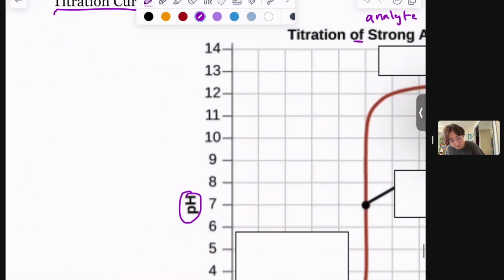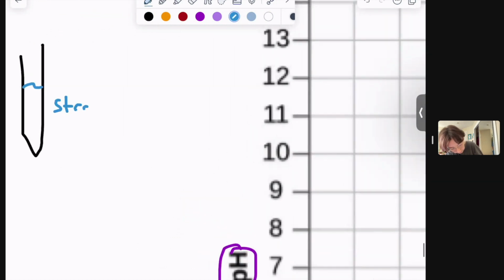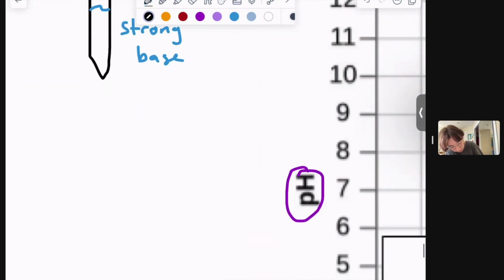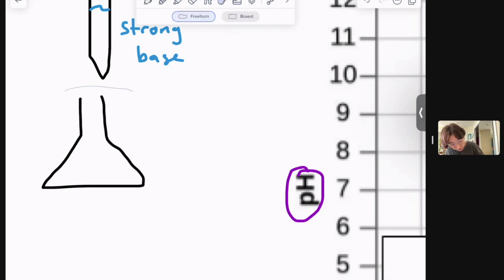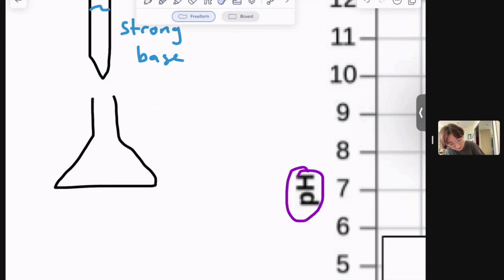So here, I'll just draw it out for you. In this situation, you have a strong base, and we are dripping it into our reaction flask, our Erlenmeyer. Those are not going to work very well if they are off-center, something like that.